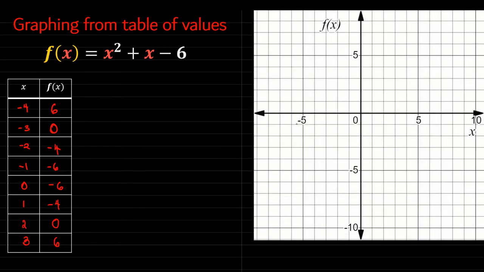Okay, so here we have our coordinates. When x is -4, f of x is 6. So x is -4 right here, and f of x is 6. So I think that should be this point. -3, 0 would be this point.